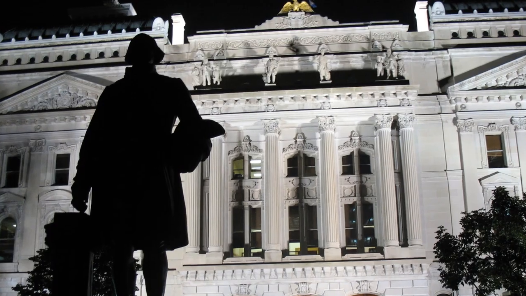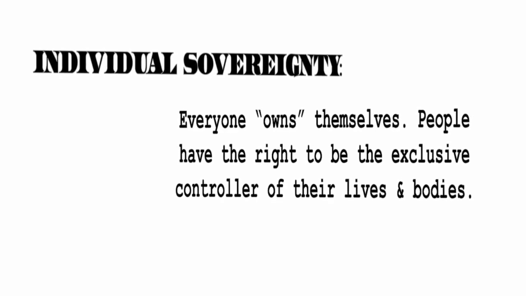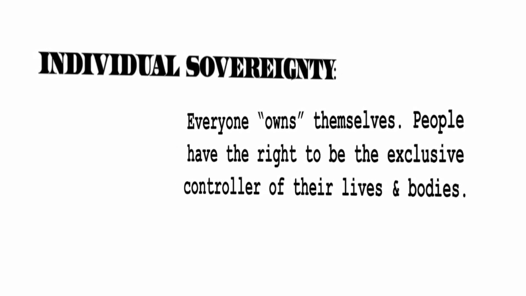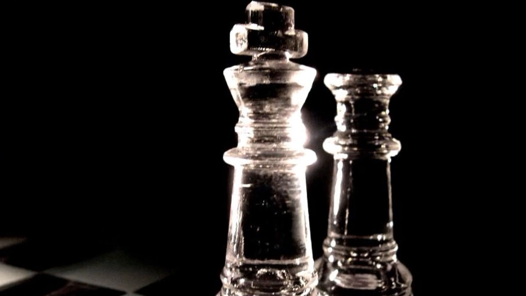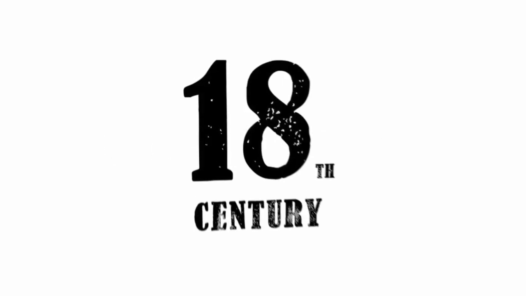For many of America's founding fathers, the whole reason for revolution was to obtain the individual sovereignty suggested by those words. Instead of being servants of a king or lord, they believed that everyone should have the right to control their own minds and bodies. This idea was almost completely unheard of in the 18th century.